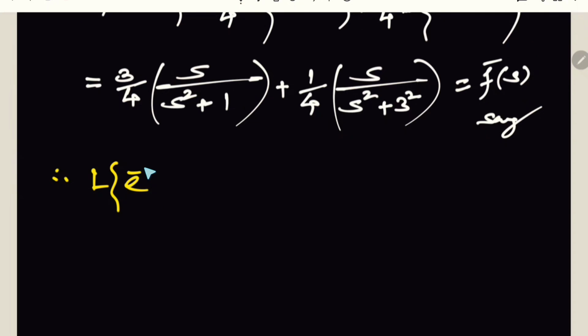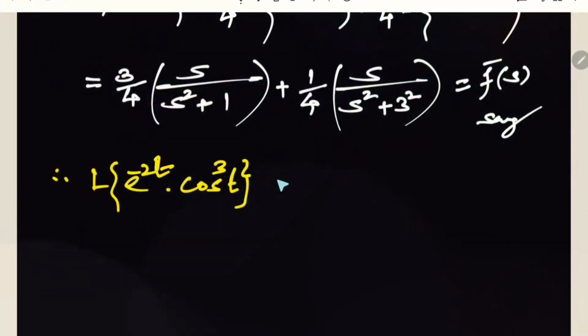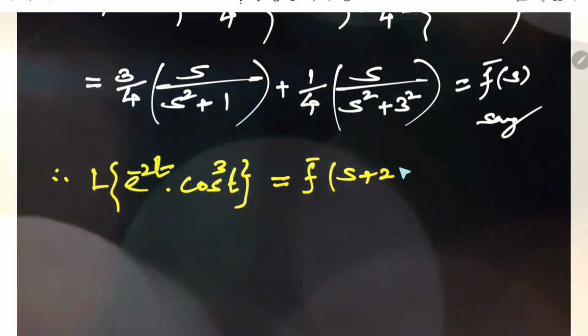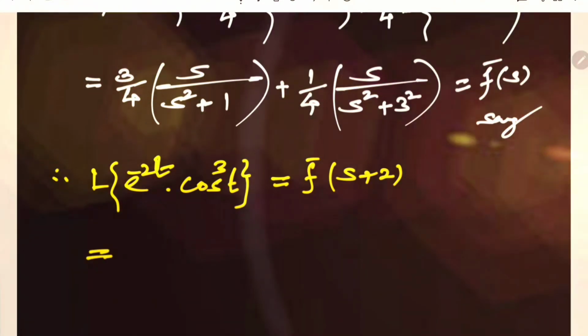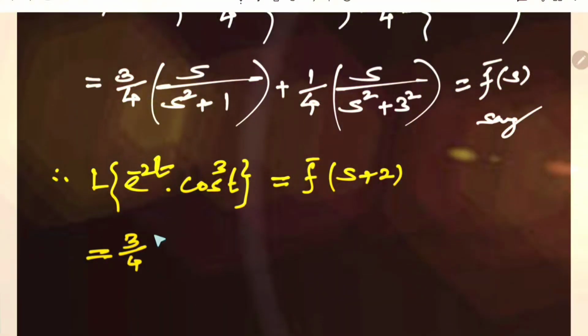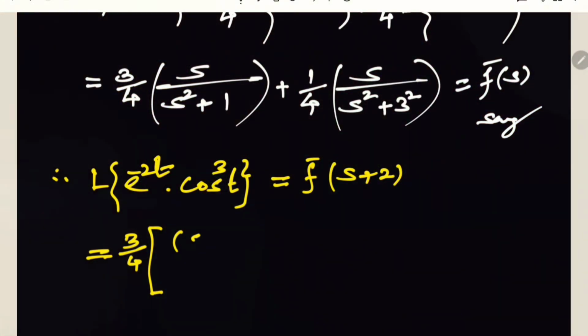Then by first shifting theorem we get the Laplace of e raised to minus 2t into cos cube t as f bar of s replaced by s plus a, here 2, and therefore in the above result we replace s by s plus 2 throughout.